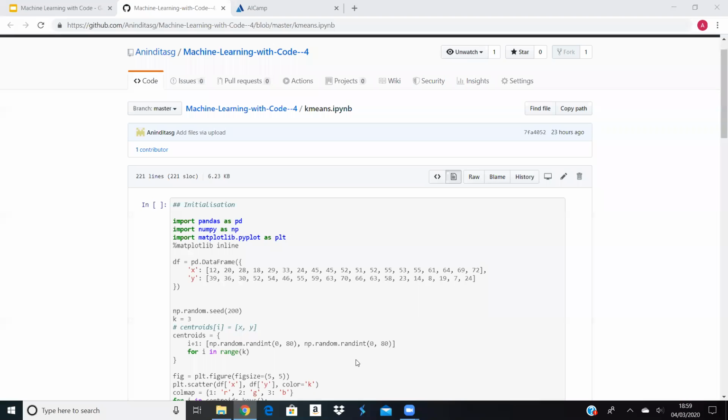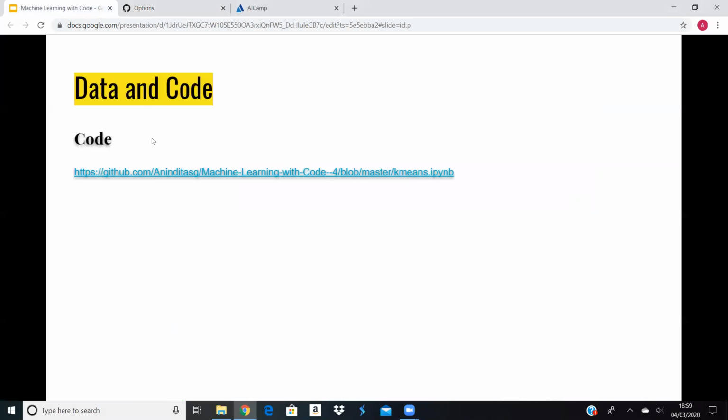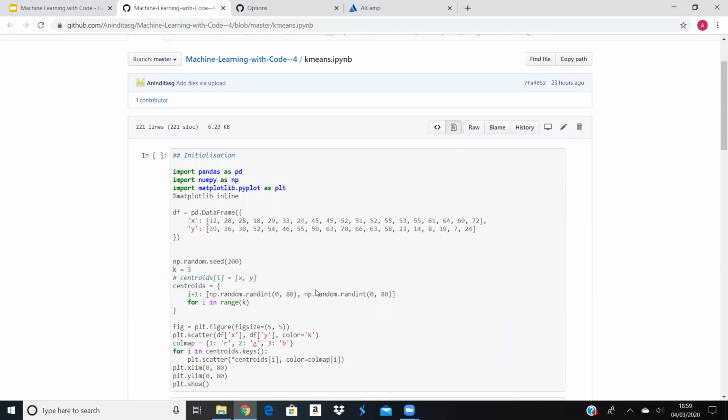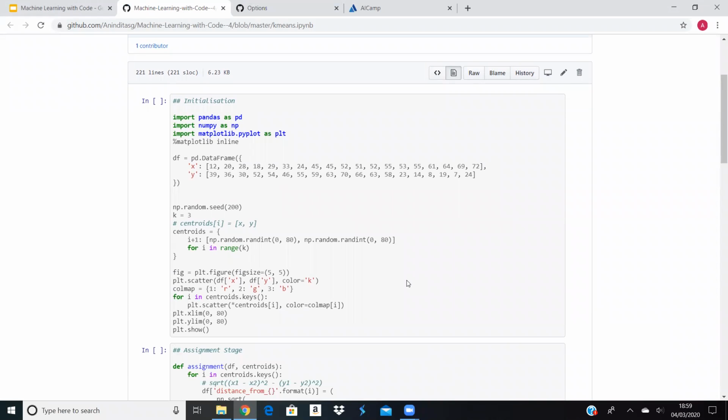That is our input. Our first step is to take some random centroids, and here we have taken k equal to 3.